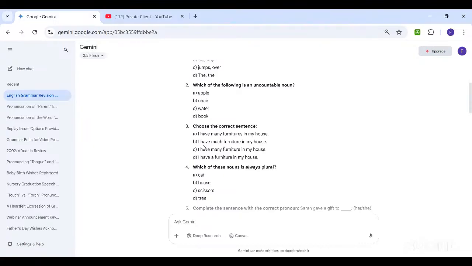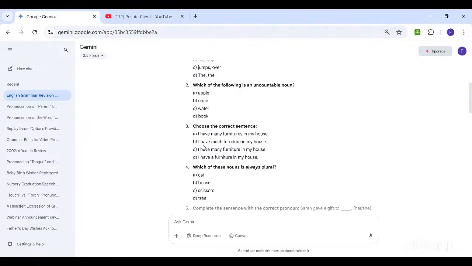Yes, without any of the determiners. But then the most appropriate answer will be B. I have much furniture. Much furniture, uncountable determiner plus uncountable noun. I have much furniture without S in my house. I hope that is clear.